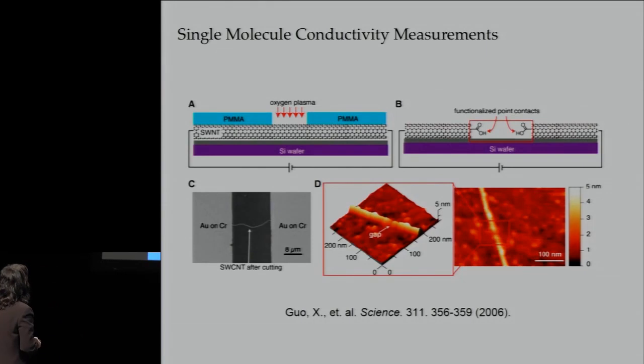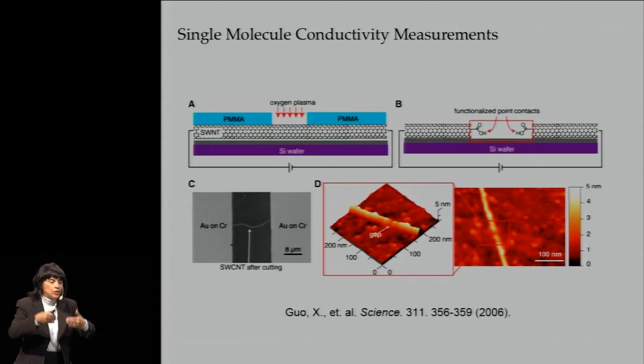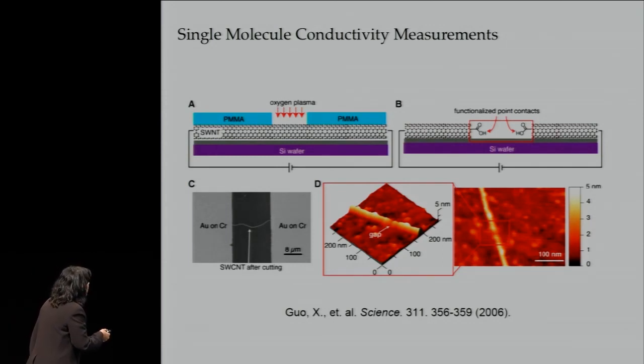And in this device, they set up a carbon nanotube which could conduct, and they would measure the current flow through that carbon nanotube, and then they would use an oxygen plasma to introduce a small, molecular size gap. And in the center of that gap, because of the oxygen plasma, they had generated carboxylic acids.